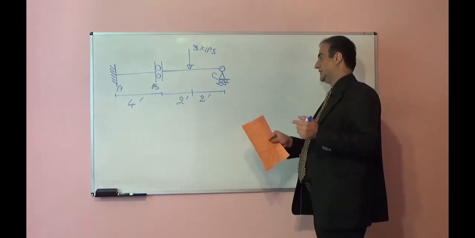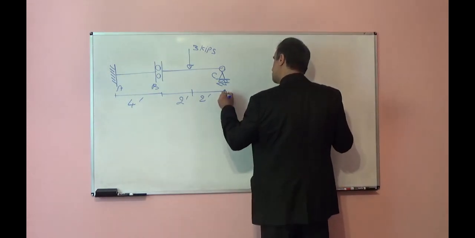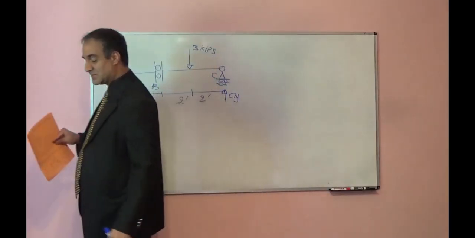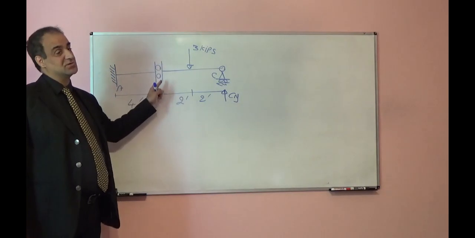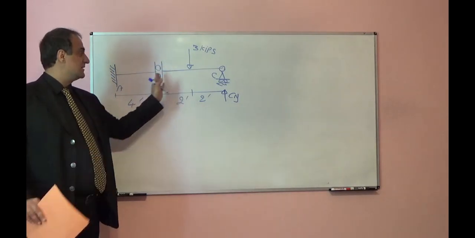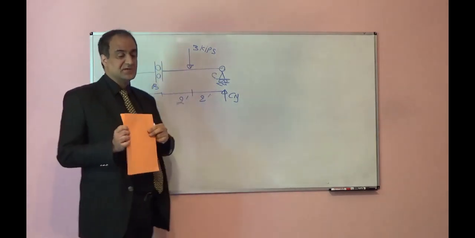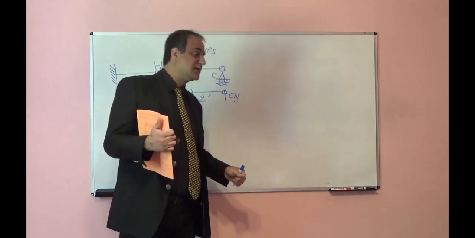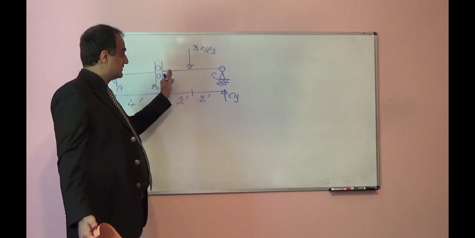How can we find it? First, let's look at the reaction Cy here. What is reaction Cy here? It is very easy to find because you see this joint. In this joint, the right side and the left side can move with respect to each other in the vertical direction, so it will not transfer shear force from left to right or right to left.